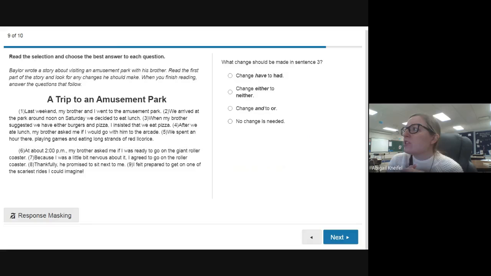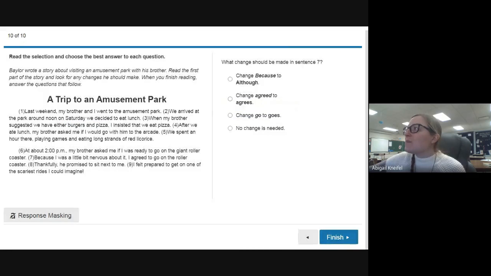Or should we change we have either pizzas or burgers or pizza or no change needed? We're showing difference, this or that. We're showing choice. That's what or does. So number 9 is also C. So for number 9, choose C because we are showing choice by saying pizza or burgers. We wouldn't be having pizza and burgers. We want or.